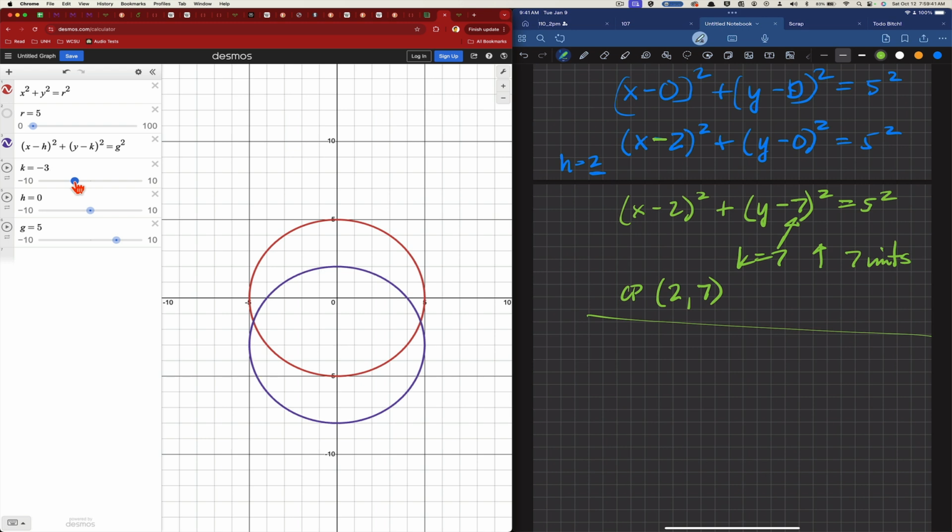But what that looks like in my equation is I have x squared plus y minus, here's the negative 3, that's k, which means I get something that looks like this. Y plus 3 squared equals 5 squared, or 25.